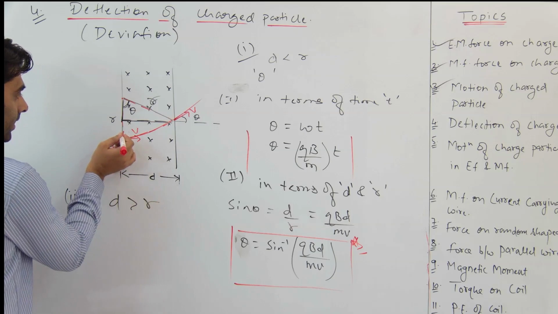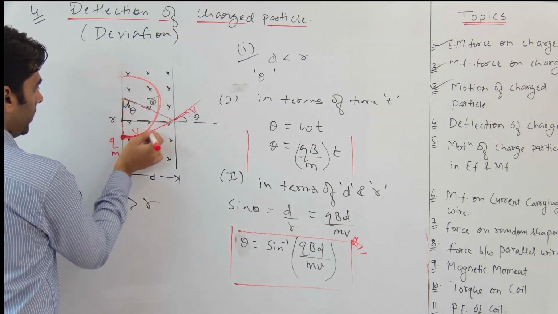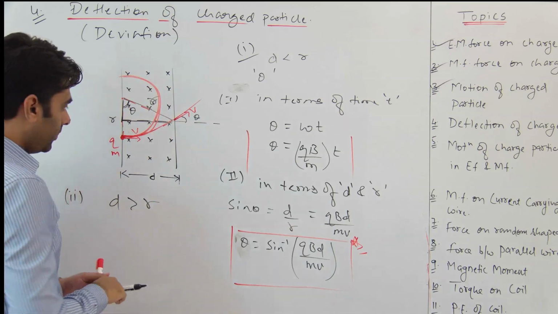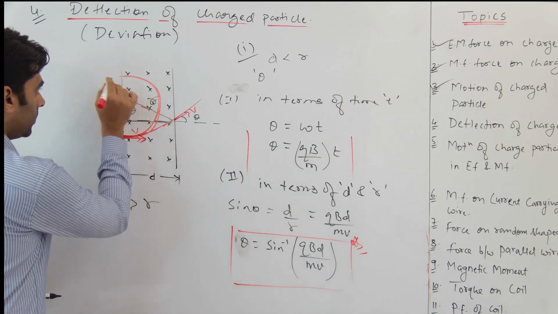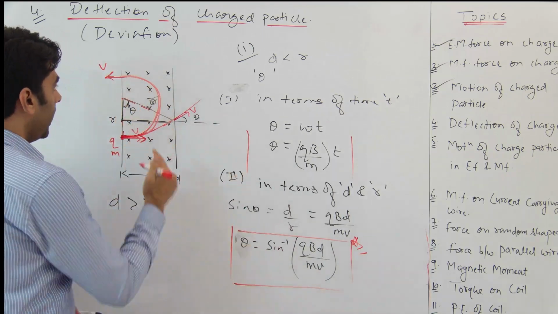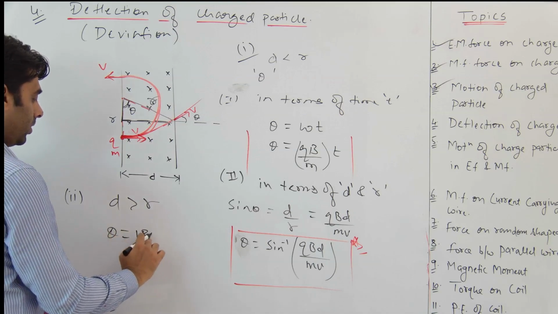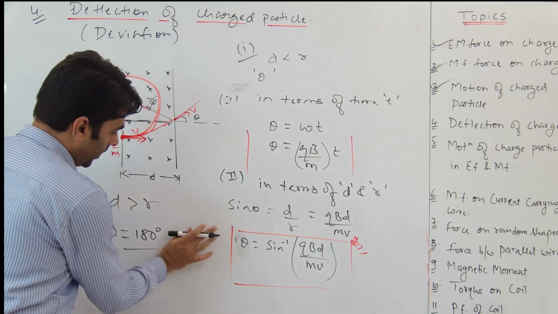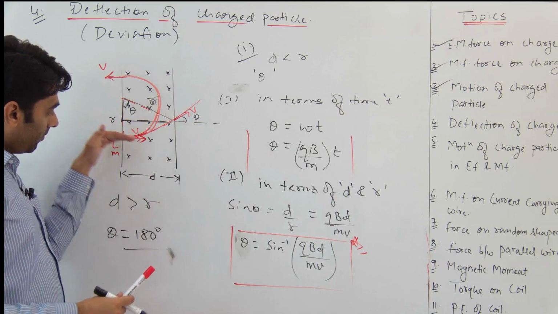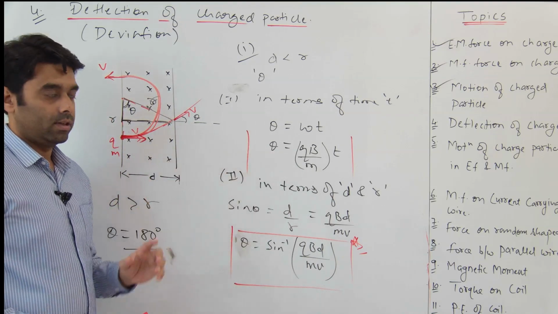The particle will be moving this way, right? So how much will be the deviation in this case? It entered over here with velocity v and it is exiting. It will exit with a speed of v only, and the deviation, as you can notice, will be 180 degrees when your d is greater than r. So this is about your deviation. These are the results. Let's move ahead.